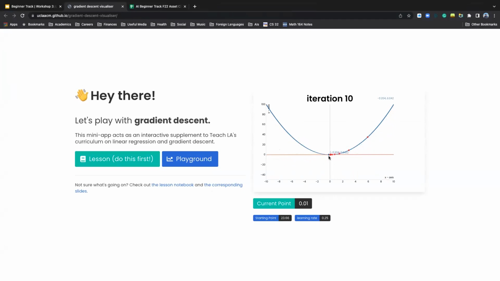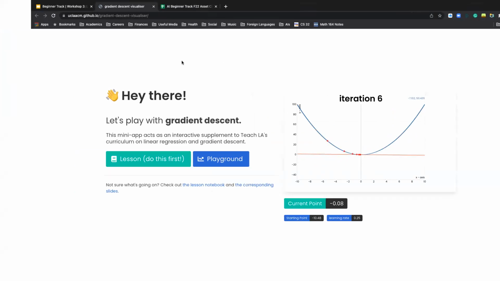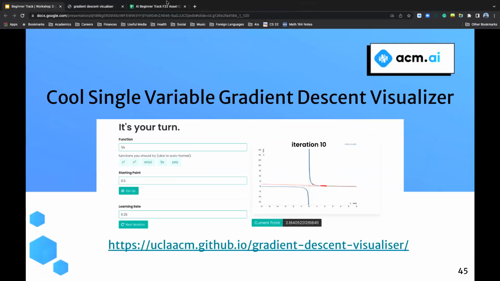That's just to give you a visual. The link to the calculator is here. I'll leave it up for a few seconds if you want to copy it down. You can try different functions and see what it looks like. This might help later to really wrap your head around what's going on.